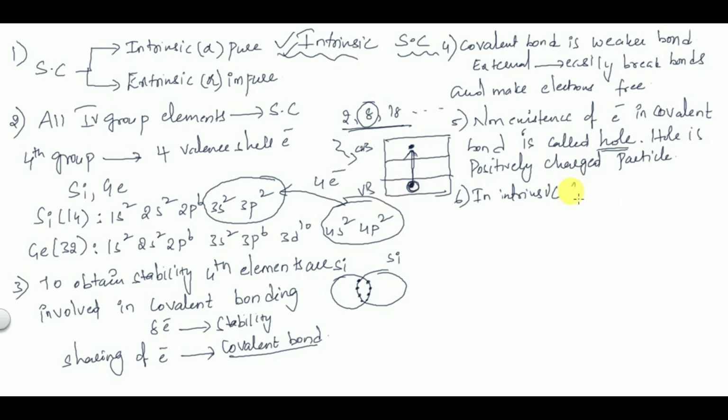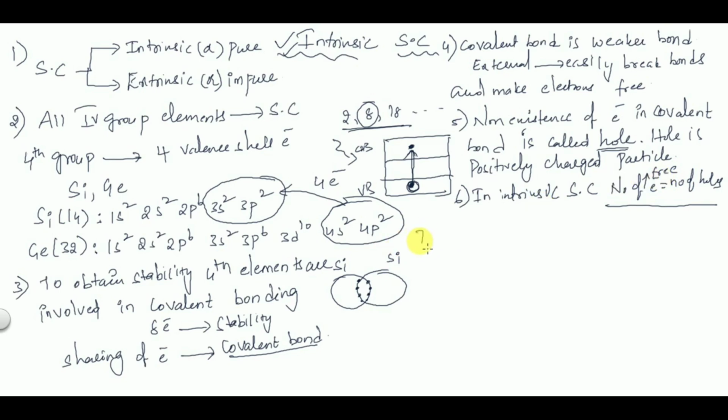So in an intrinsic semiconductor, the number of free electrons is equal to the number of holes. We call them free electrons because the valence band always consists of electrons which are bound to the nucleus.